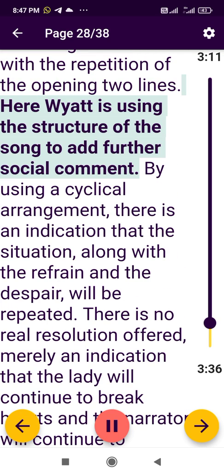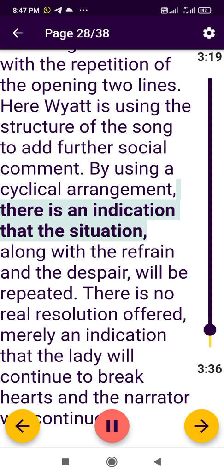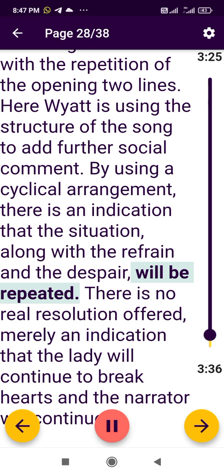Here Wyatt is using the structure of the song to add further social comment. By using a cyclical arrangement, there is an indication that the situation, along with the refrain, and the despair, will be repeated.